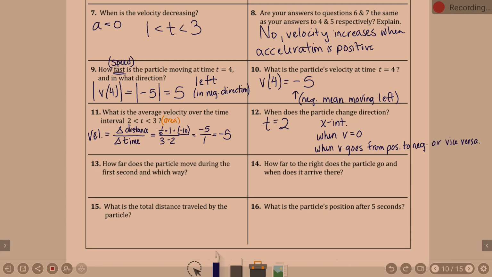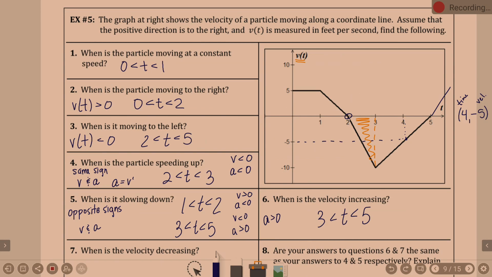How far does a particle move during the first second, and which way? That's velocity, sorry. Feet per second. 5. 5 feet. That's simple. Is that right? Mm-hmm. In the first second, my velocity is 5.